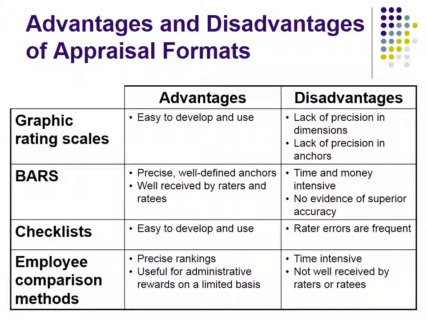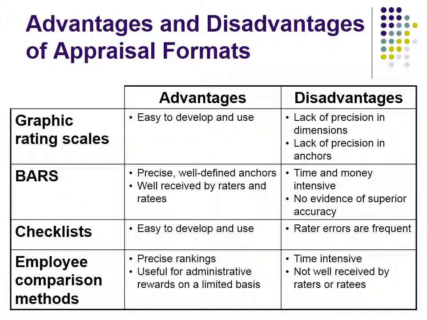So you do get superior perceptions, and you may get superior decision making. If you have multiple raters, they'll probably be closer in their ratings if you use BARS. But as far as it actually showing a superior accuracy as far as organizational decision making, not as much evidence as we would have liked to have seen.